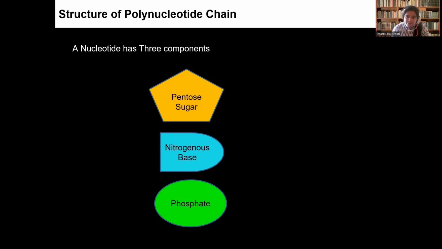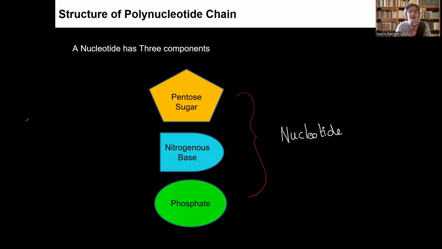Each nucleotide, in the case of DNA as well as RNA, contains three components: pentose sugar, nitrogen base, and phosphate molecule. All three components together we call a nucleotide.